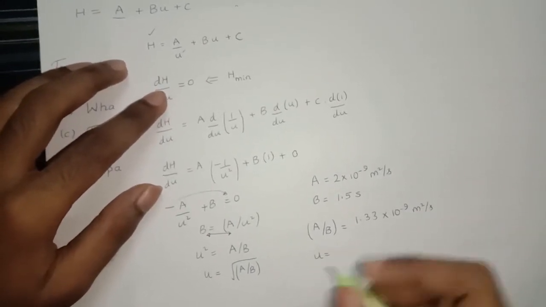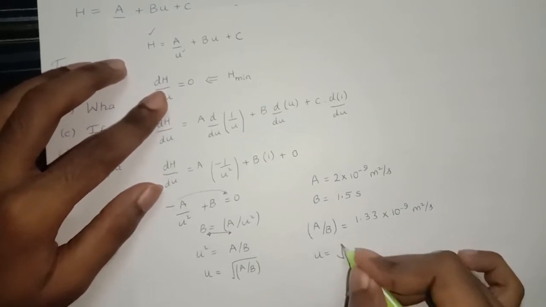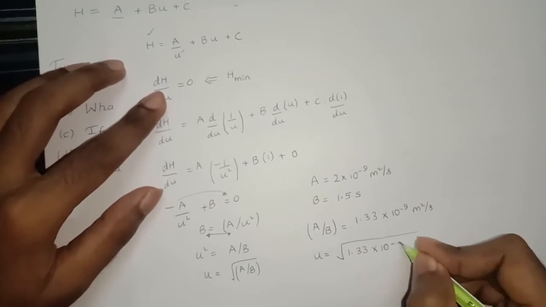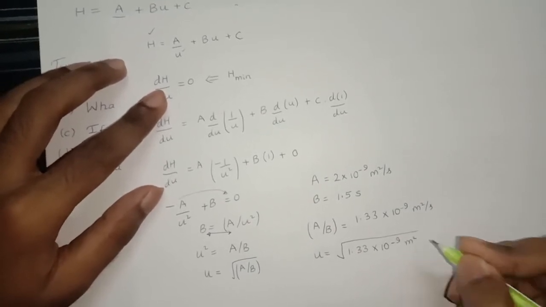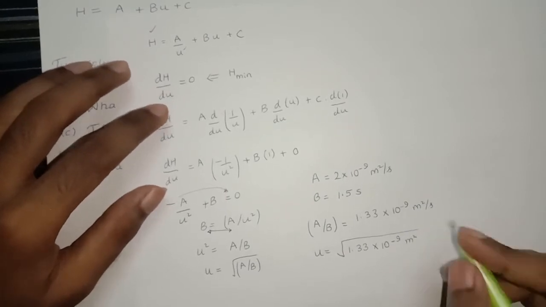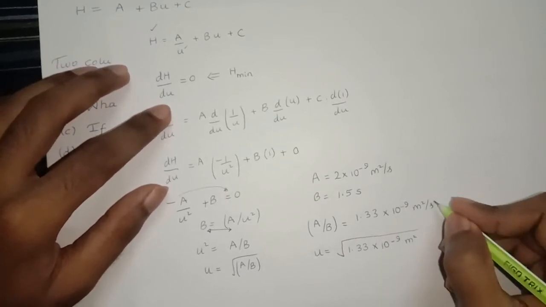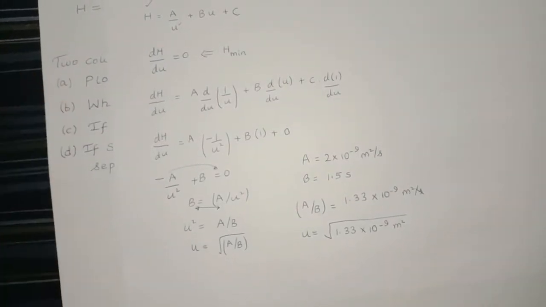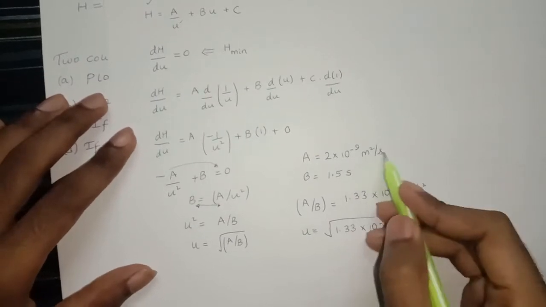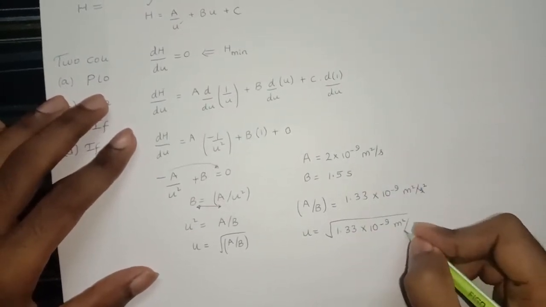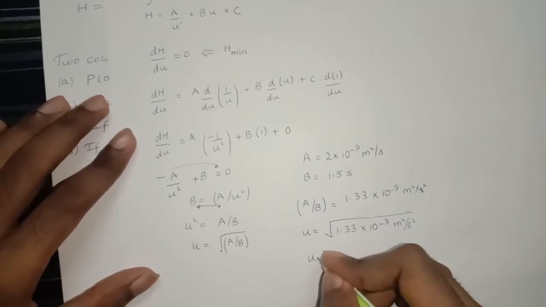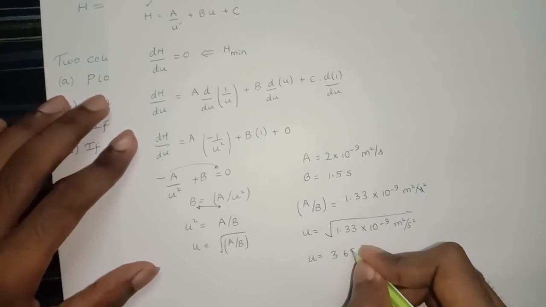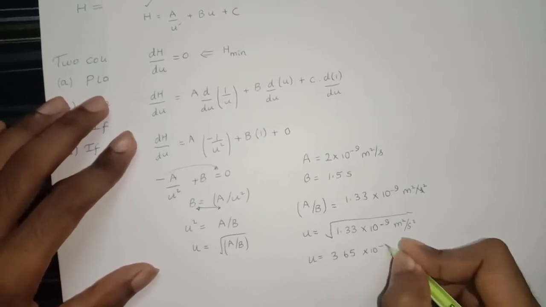So u is equal to root of A by B, so root of 1.33 into 10 raised to the power negative 9 meter square over second. Seconds get cancelled, so we have meter square by second square. So u is equal to root of this value, which is nothing but 3.65 into 10 raised to the power negative 5.